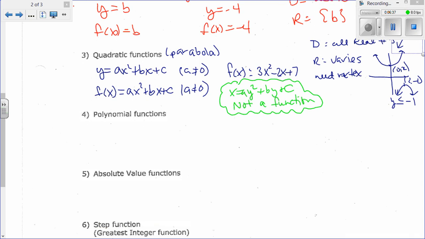The next type of function is polynomial functions. And this is in the form of f of x equals a sub n x to the n power plus a sub n minus 1 times x to the n minus 1 plus dot, dot, dot.